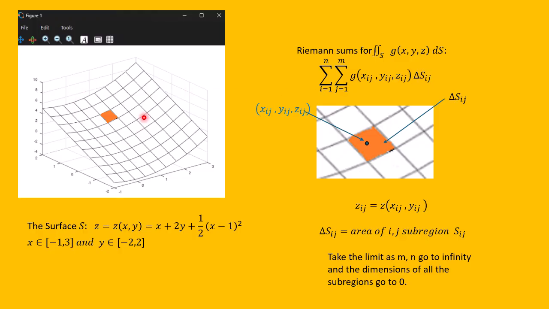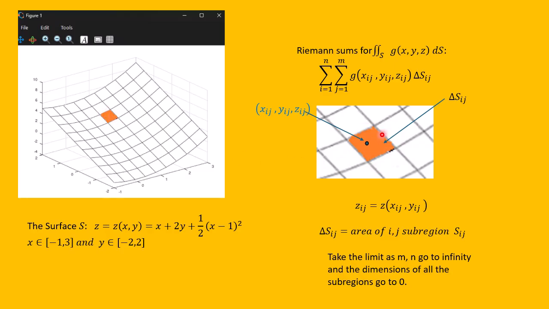If we magnify this little portion right here, we have subdivided this region, this surface, into small subregions, haven't we? Here's that subregion. Somewhere in that subregion we pick a point and we'll call its coordinates x sub ij, y sub ij, z sub ij. So this point is in this surface somewhere in this little piece.